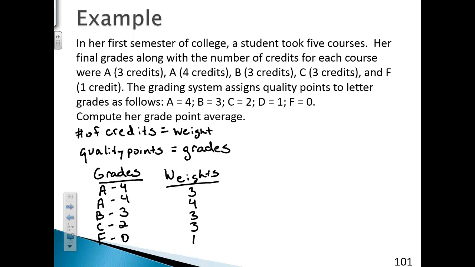Now to work this by hand to find our weighted mean, or in this case her GPA, we would take the grade and multiply by its weight.